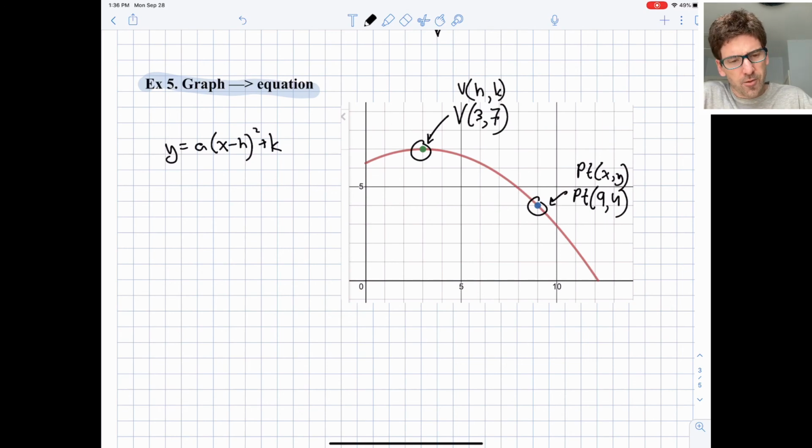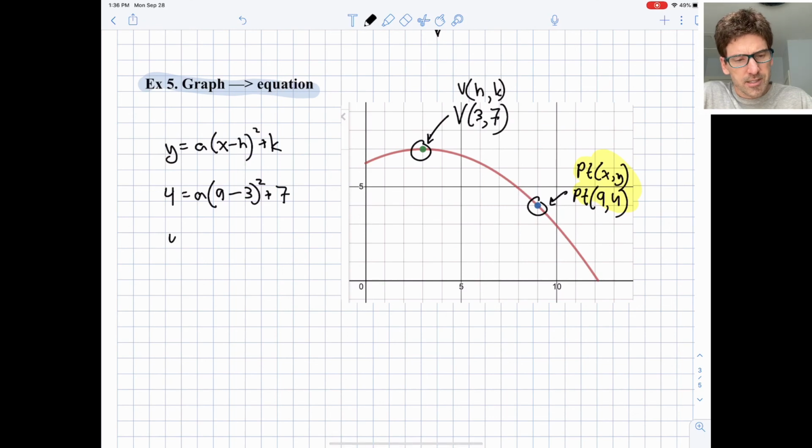So y is a 4, equals our unknown a, x is a 9, and to be clear, I'm using these points over here, which I'm saying are an arbitrary x and y on our parabola somewhere. H is the x-coordinate of the vertex, which is 3, and k is the y-coordinate of the vertex, which is 7. We can just solve for a right now.